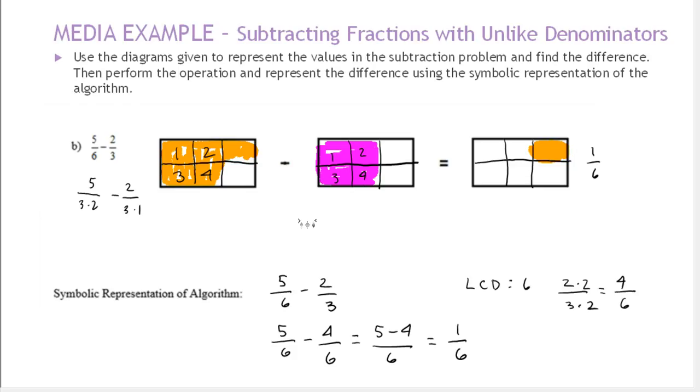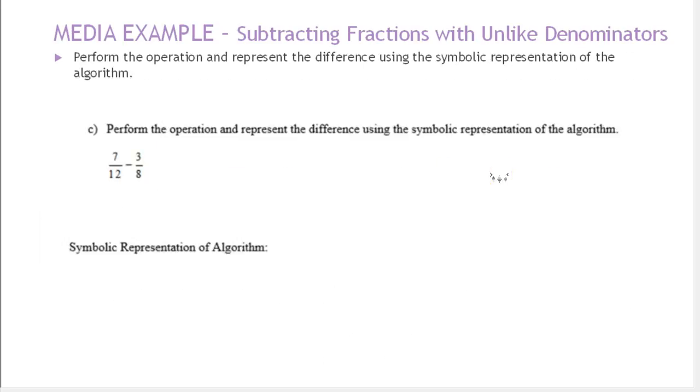Let's look at one more. Here we have 7/12 minus 3/8, and in this case we're not going to draw a diagram, but let's look at the denominators. Notice 12 and 8, their greatest common factor is 4. So 12 is 4 times 3, and 8 is 4 times 2.